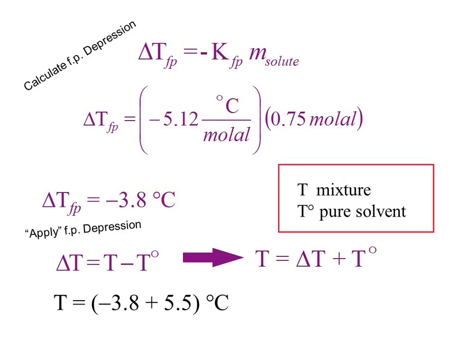So the depressed temperature T is equal to negative 3.8 degrees Celsius, that's the depression, plus 5.5 degrees Celsius, that was the temperature it usually freezes at. Again, we're adding here, so we go with decimals. So round to 1 decimal. So your depressed temperature is 1.7 degrees Celsius. That works.